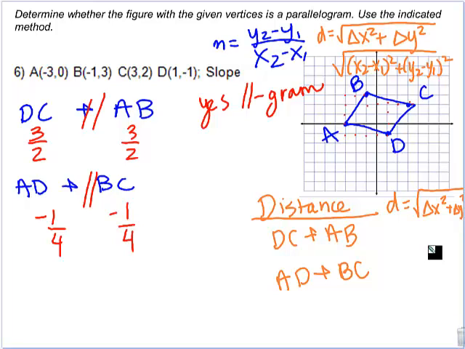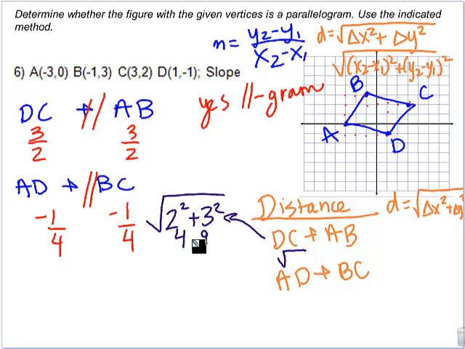This is usually easier to look at from your points than from the graph. From D to C, how much do your x's change? From 3 to 1, they change 2. So you have the square root of 2 squared plus, how much do your y's change from 2 to negative 1? 3 squared. So what's 2 squared plus 3 squared? 9 and 4 is 13. So DC is the square root of 13.